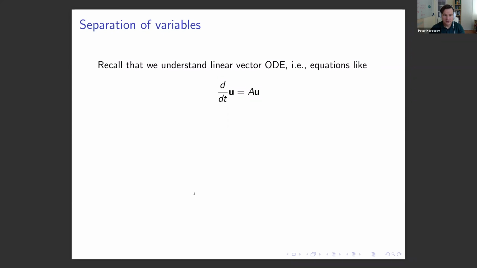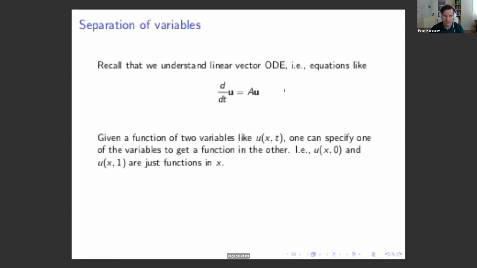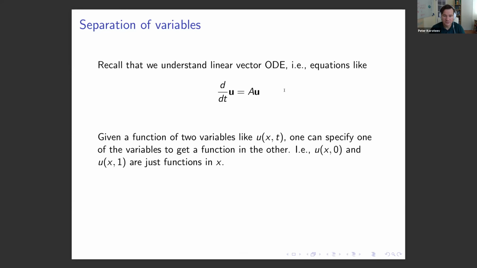Let's talk about the separation of variables method to solve this PDE. Recall that a linear vector ordinary differential equation can be written as follows: vector u is a function with n components and its time derivative is equal to a matrix A multiplied by this vector. Given a function of two variables, one can specify one of the variables to get a function in the other.